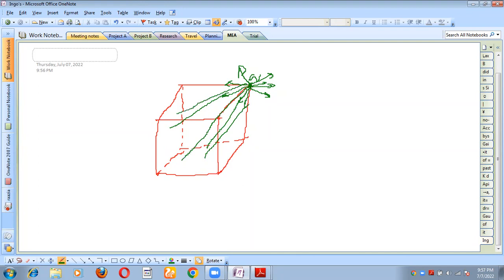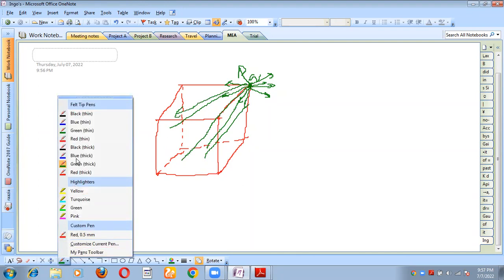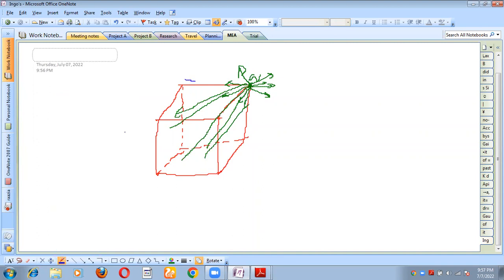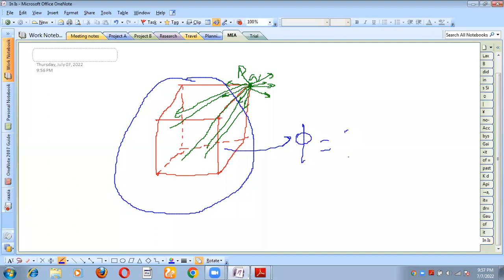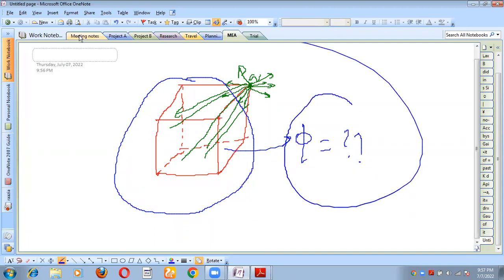So there will be some flux associated with this cube. Some part of the electric field lines will pass through this cube, so we have to find the flux of that electric field passing through the cube.